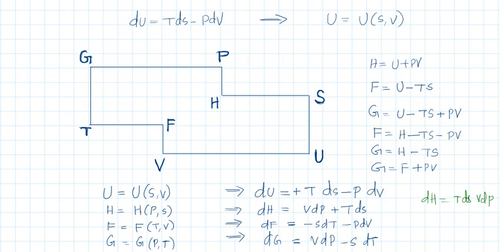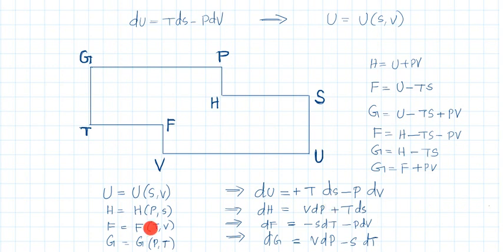Now, the remaining thing is to put a sign. What is the sign of S? It is towards right, it is positive. What is the sign of P? It is towards top, it is positive. So both are positive. The equation is VdP plus TdS.